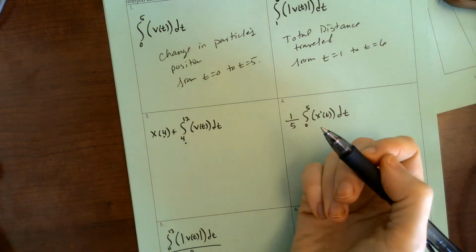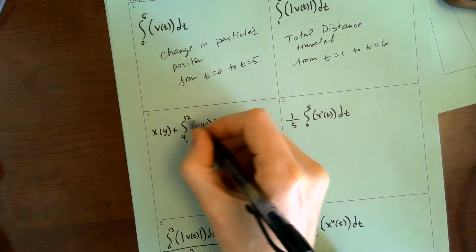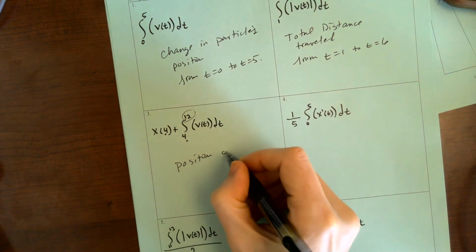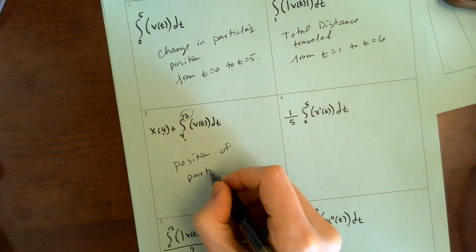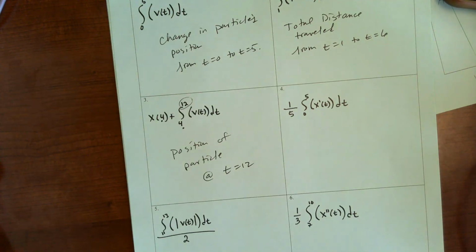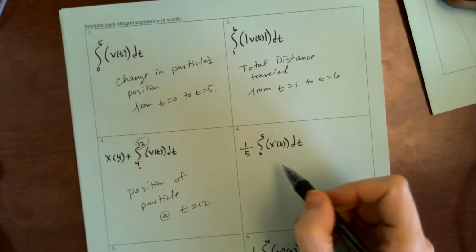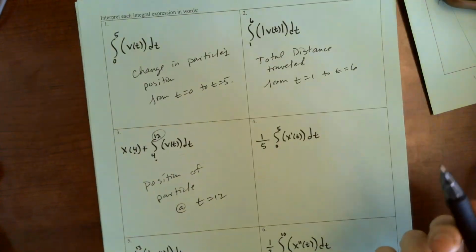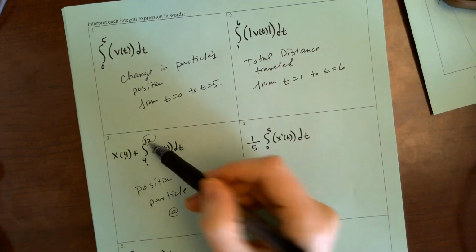And it has to be plus. And then this is going to give you the position of the particle at t equals 12. Okay. Because you're just adding on the net change to the initial position. That's going to give you the position of the particle at the end of the interval.